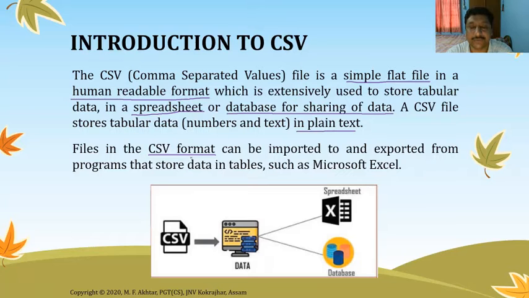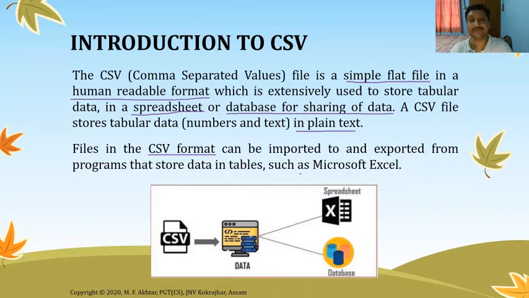If we go to the File, Save As menu and then File Type, in the list of file types you will find CSV file also. In CSV file format you can save the file and then export or import data. Also, if some data is available in comma separated values in a text file, then that text file can be imported in Excel format.